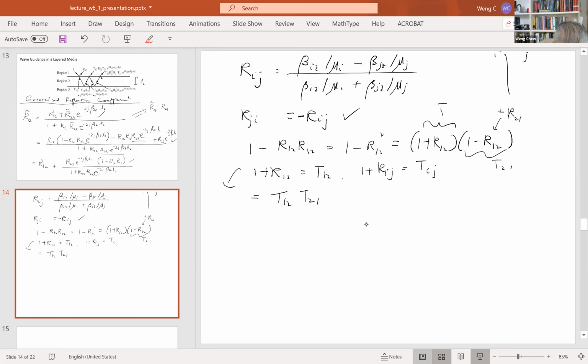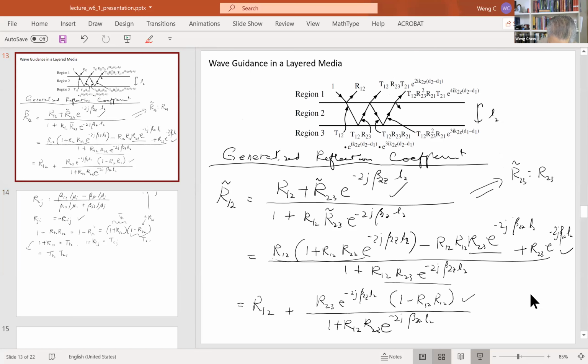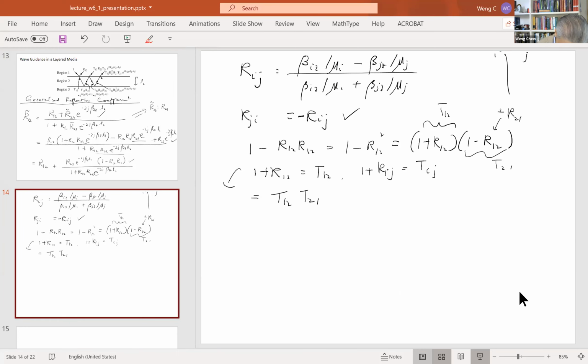So what I'm trying to get at is that this reflection coefficient, the second term, can be written more simply as, let me write it down here.